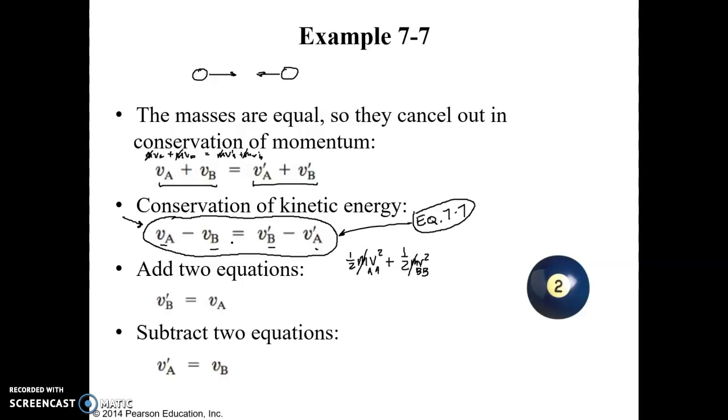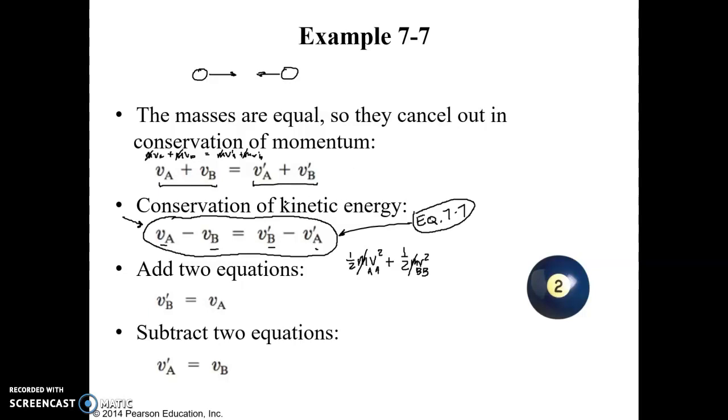So we have two different relationships for these variables. We could use the method of substitution and solve these two equations simultaneously, but this is a situation where adding the two equations together is a simpler method. If we add velocity A and velocity A, we get two velocity A. The velocity B and negative velocity B will cancel each other out.